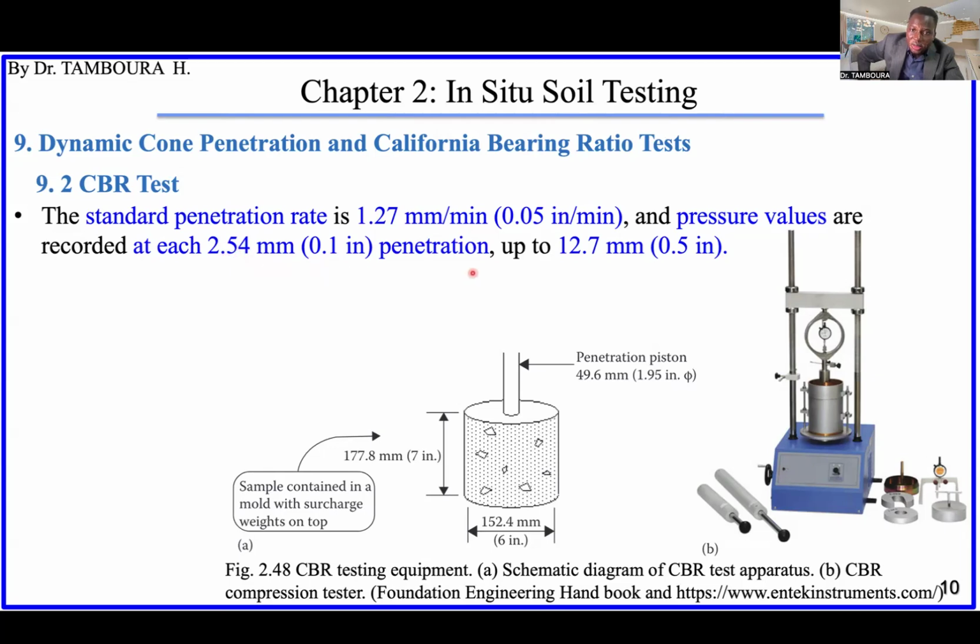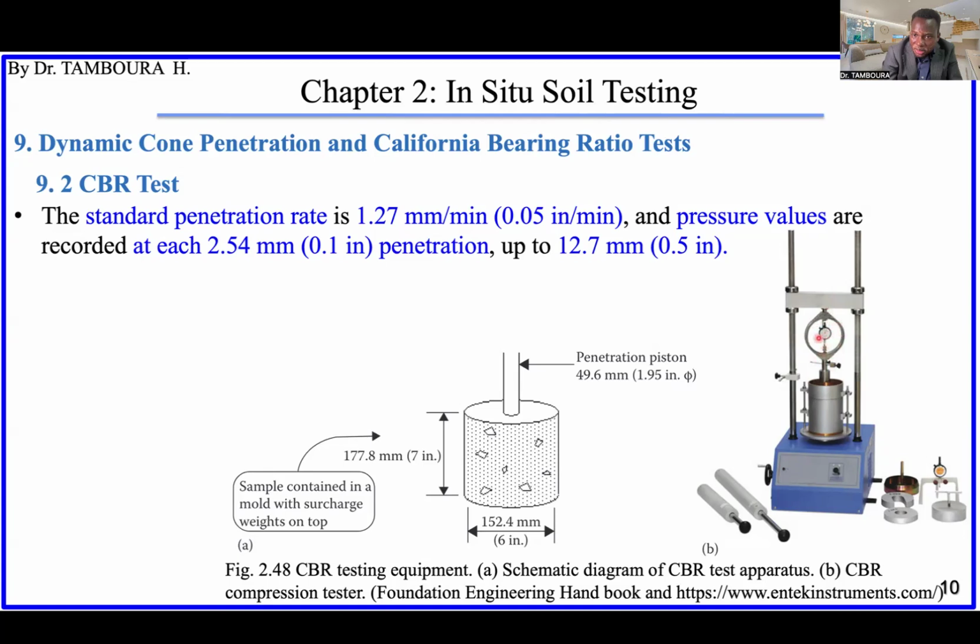So that means you keep this penetration rate and you monitor the penetration depth. After getting the curve also, you can check what is the pressure. Because you can see pressure here is measured here, right?